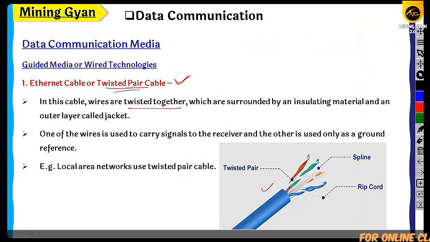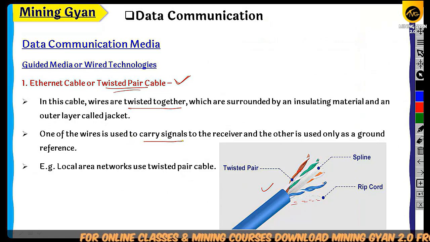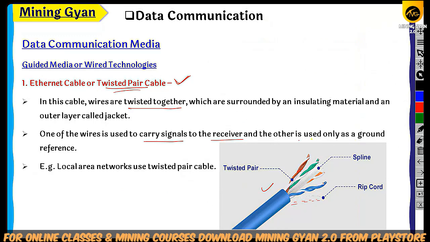The second one is the spline, and this kind of wire is called the ripcord. One of the wires is used to carry the signal to the receiver, and the other is used only as a ground reference.